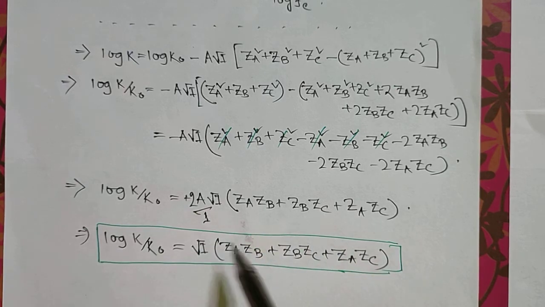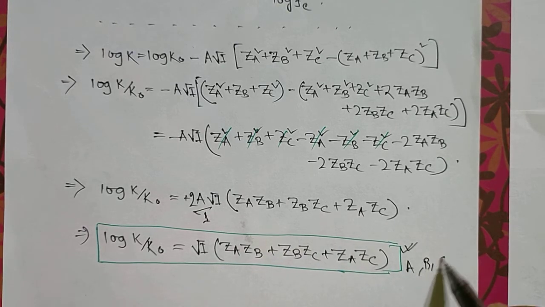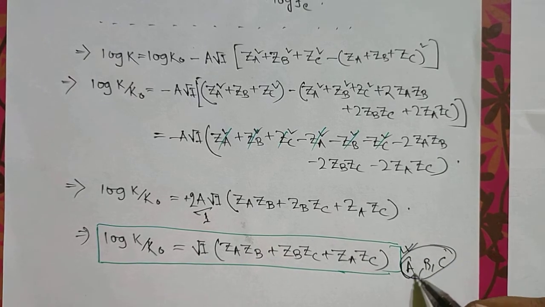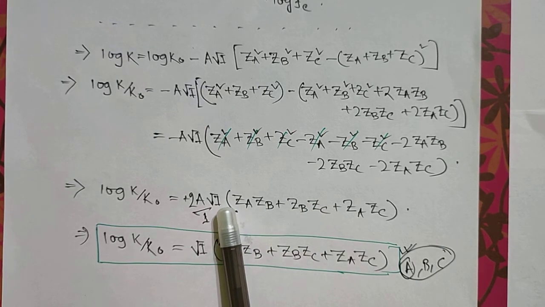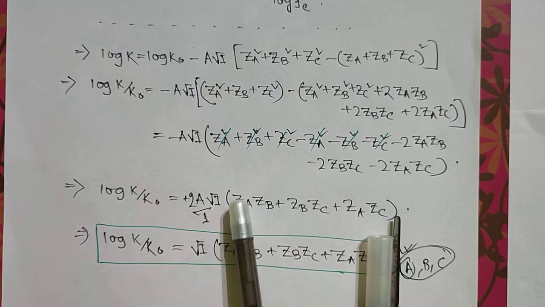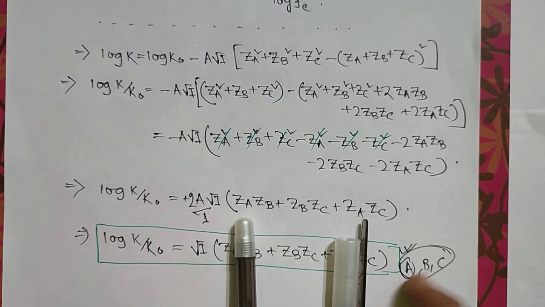If they give you the problem, you have to remember this also for three species A, B and C. And suppose among these A, B, C, one is 0. Suppose A is 0, so in that case the A term will be cancelled, and this A and this A will be cancelled. So these two will be cancelled, and in that case we'll again get the two species product.